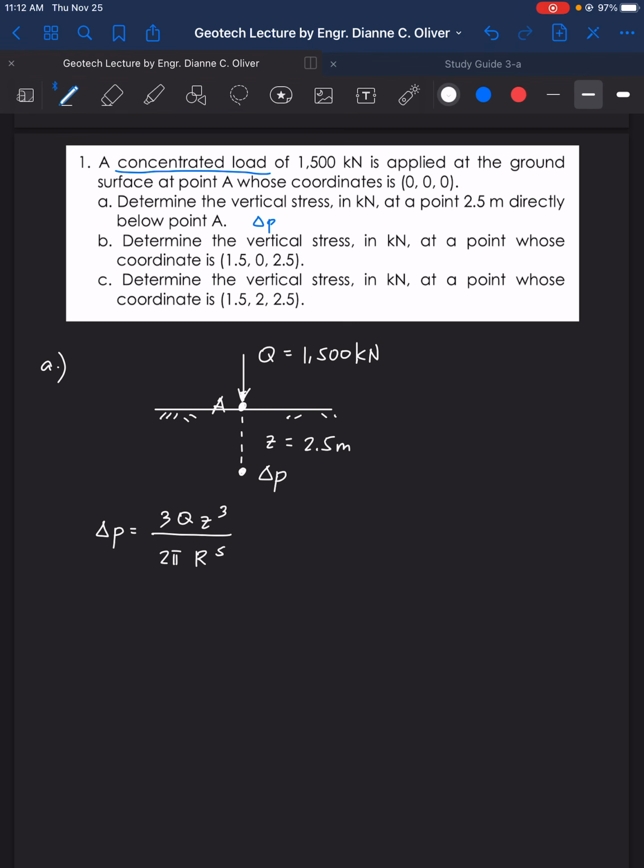But we need to find the value of R. The coordinate of this point here is 0, 0, 2.5.